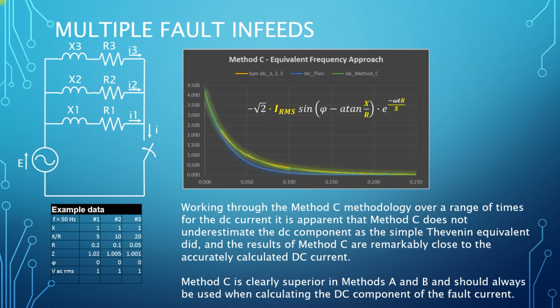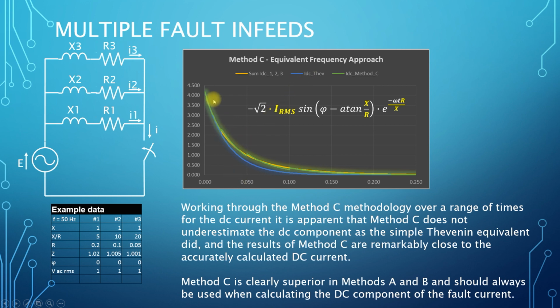And the DC component of current calculated using method C is the green line here. And you can see we have a discontinuity where FC changes, as expected.